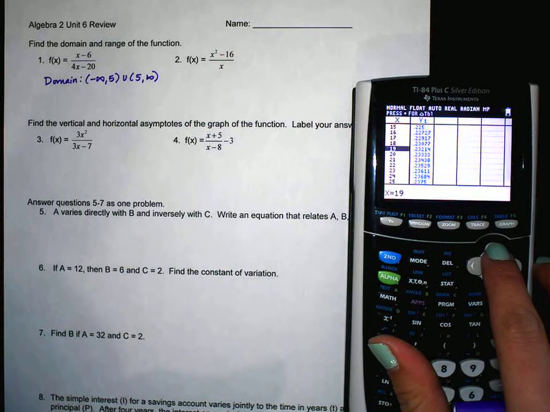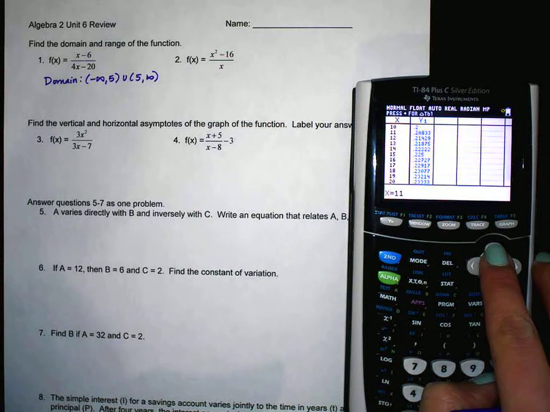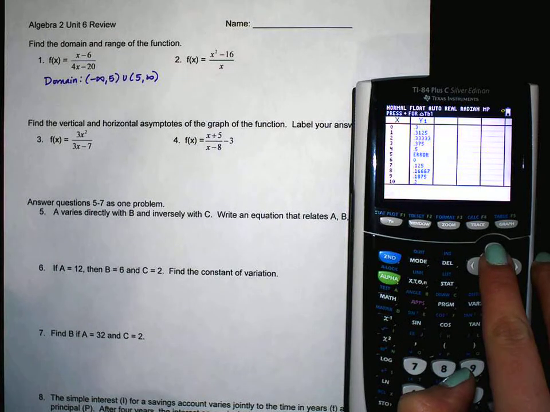If I go in the other direction, really low negative values, notice it's decreasing down to a certain number and looks like it's going to be 0.25 as well.